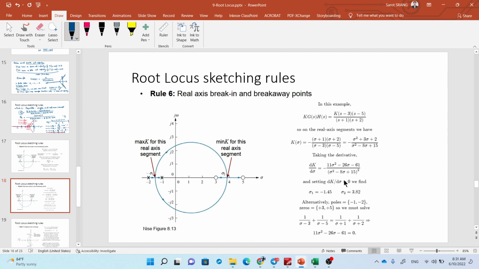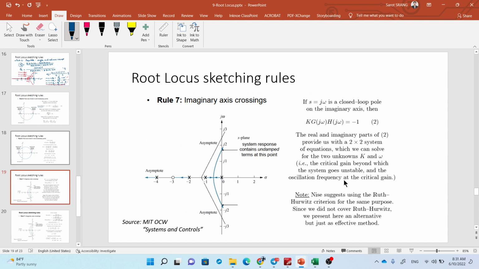Then rule number 7, very similar to rule number 6. For rule number 6, the intersection is on the real axis and the roots are real.